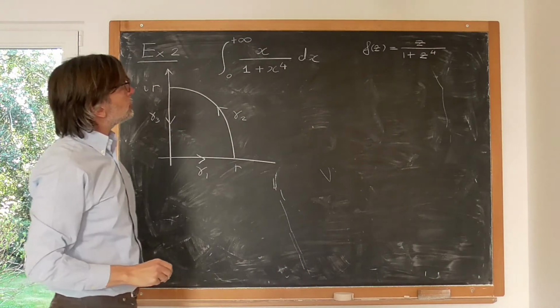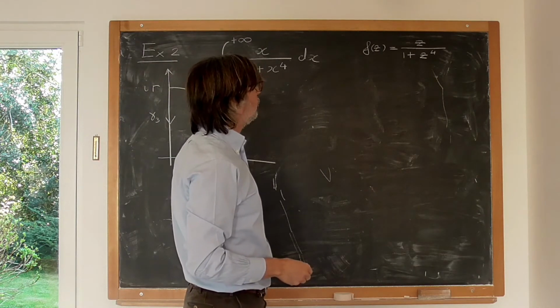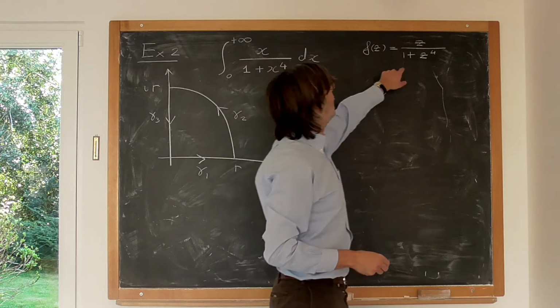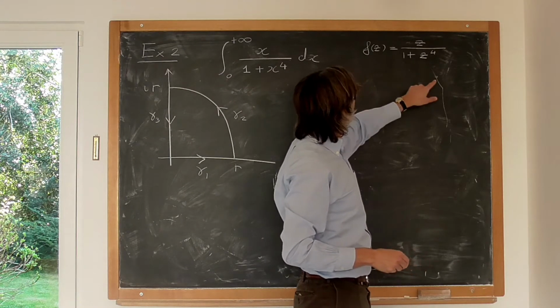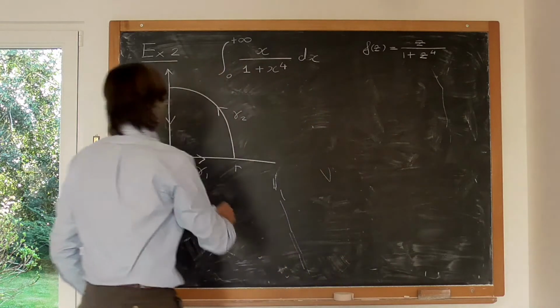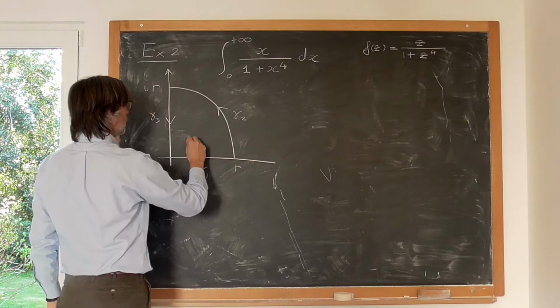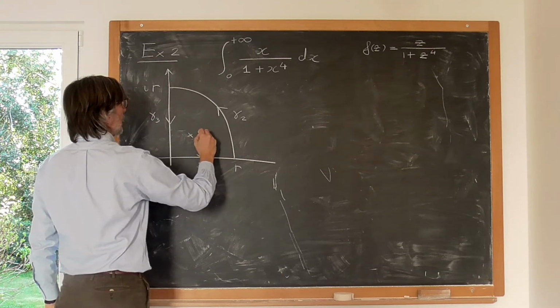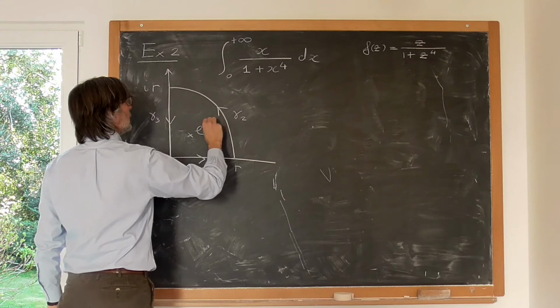So, this function has 4 singularities. It has 4 simple poles at the 4 fourth roots of minus 1, and only one of those is contained in the interior of our contour, and this is the singularity at e to the power i pi over 4.